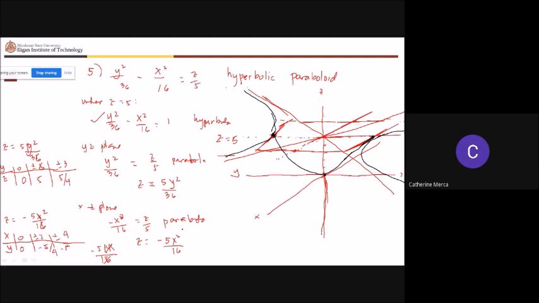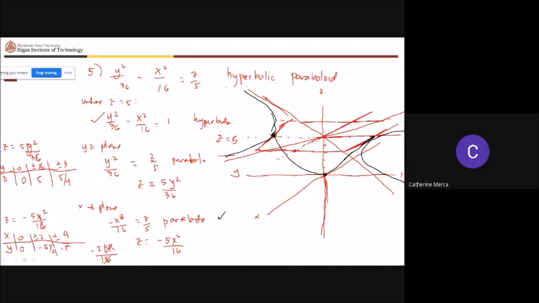Then the parabola which opens downward is in the XY plane. When X is equal to 0, Z is 0.